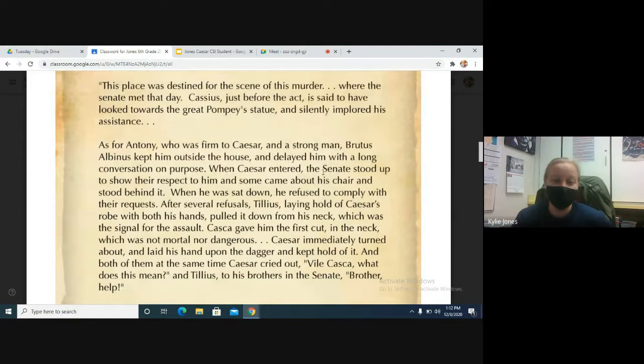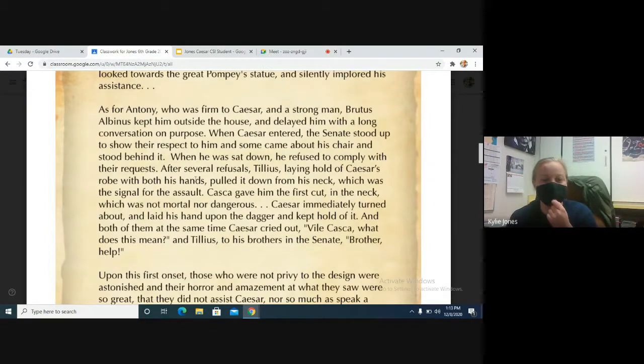When Caesar entered, the Senate stood up to show their respect to him, and some came about his chair and stood behind it. When he sat down, he refused to comply with their requests. After several refusals, Tullius, laying hold of Caesar's robe with both hands, pulled him down by his neck, which was a signal for the assault.